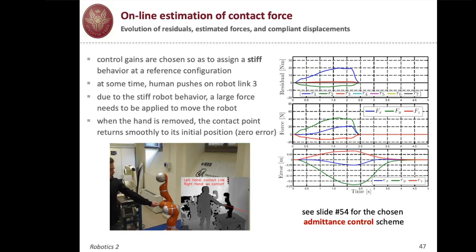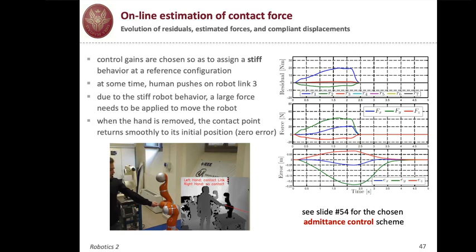So with this residual and with the pseudo-inverse of the Jacobian of the contact point, which has been identified by the depth sensing procedure and the distance calculation, we estimate the 3 components x, y, and z of the contact force. While the error on the last slide refers to the error with respect to the initial position.